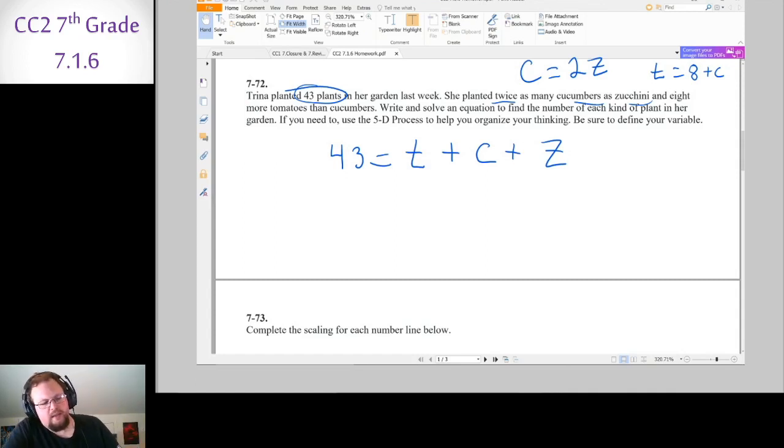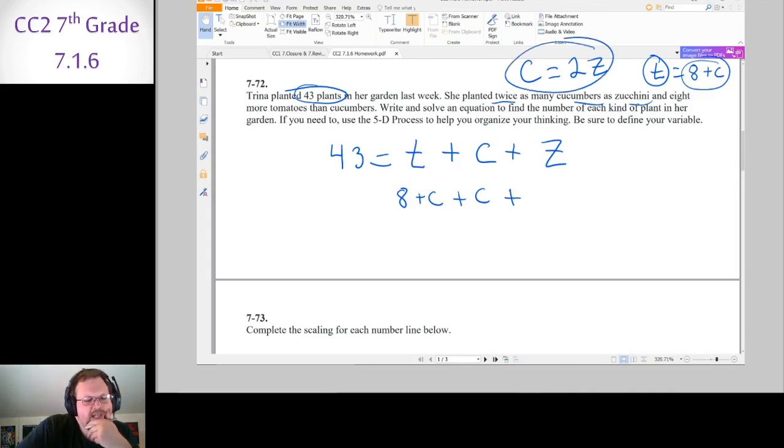So I know that the tomatoes could be written as 8 plus C, so I can put that there. Plus the cucumbers, and then I know that 2Z is equal to C, that's kind of weird. So you can flip it and write it as C divided by 2 because it's half of the cucumbers.